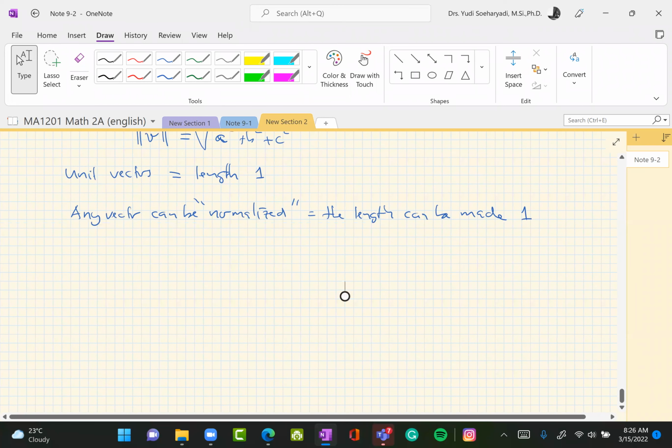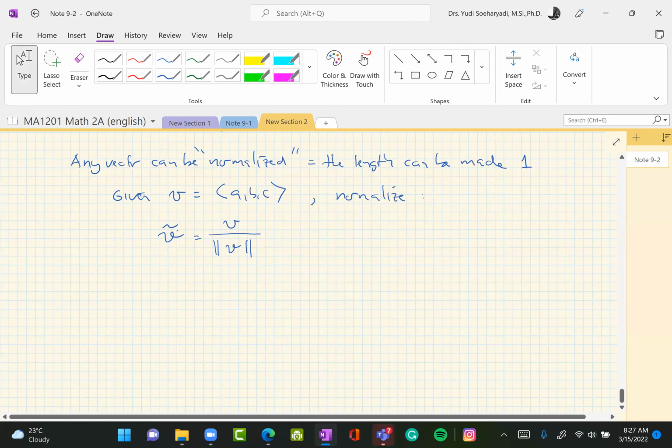Given V is this vector <A, B, C>, to normalize is easy. The normalized vector, say with a tilde, is just the original V divided by its norm, by its length. Well, we see that we compute the length of V.